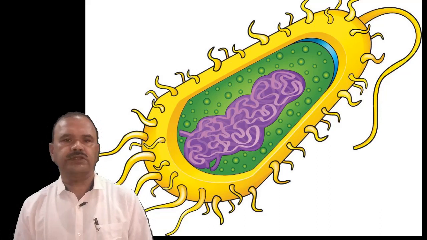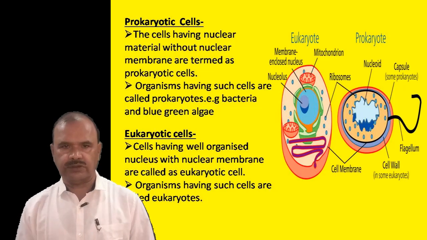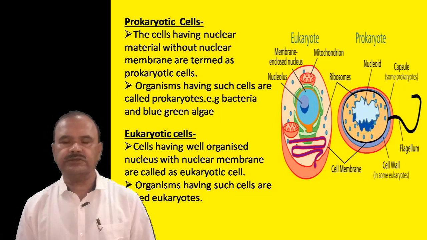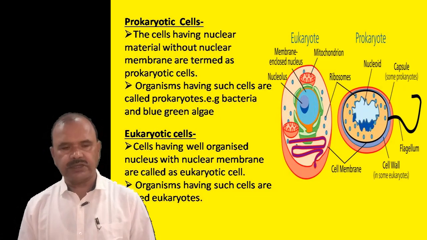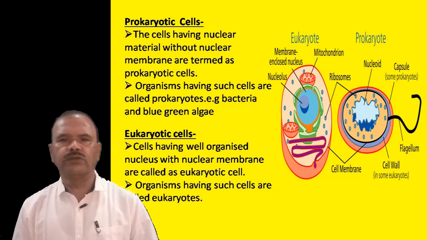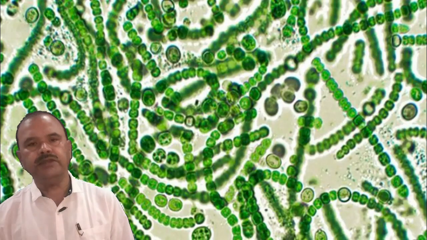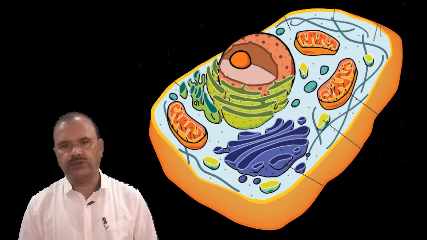The cells with incomplete or underdeveloped nucleus are termed prokaryotic cells, and they are seen in very lower unicellular organisms like blue-green algae and bacteria. Another term is eukaryotic cell.